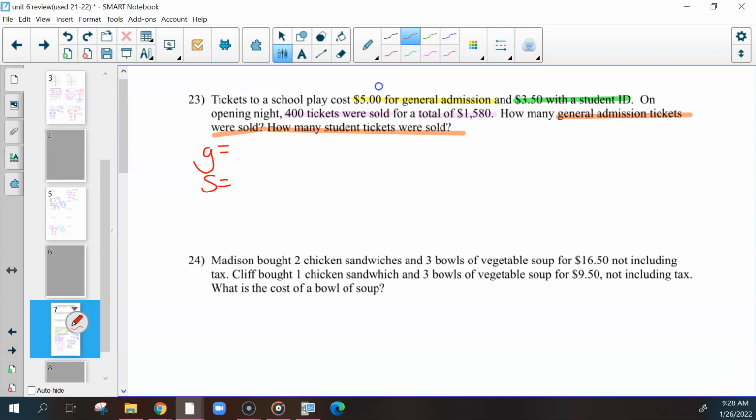G is like how much school play tickets cost. Not cost, we're not looking for cost. The number of how many were sold. Yeah, so the number of general admission tickets sold. So then S would be the number of student tickets sold.